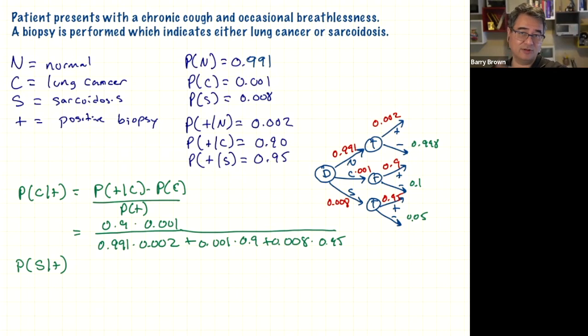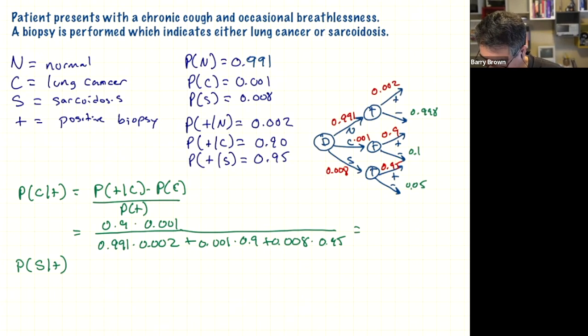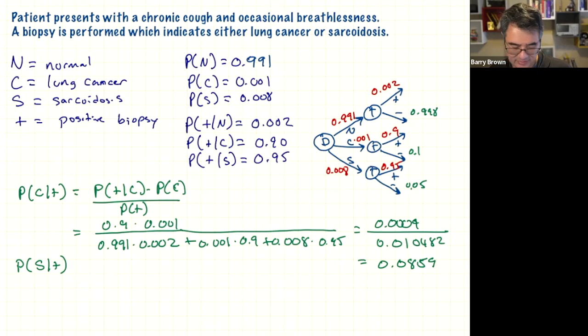But you go ahead and multiply and add, and then you get, top is 0.0009, and the bottom is 0.010482. And then if you actually do the division, you get 0.0859.